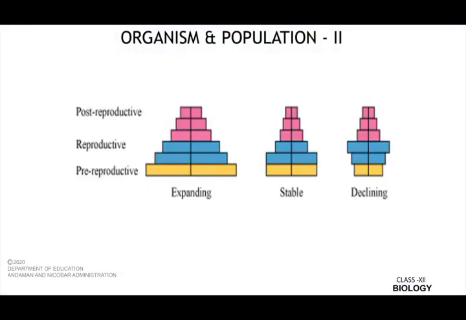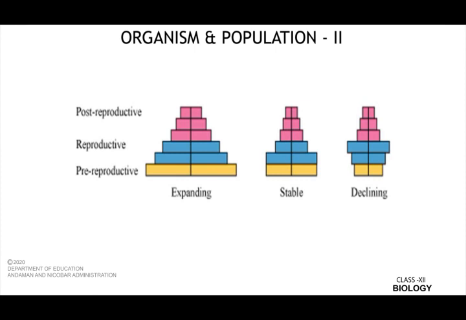Let us see the expanding pyramid, in which the pre-reproductive is maximum, that is, individuals under 14 are maximum. All of them will reach the reproductive age. When they come into the reproductive age, they will produce more and more offspring. The reproductive age is shaded with blue color, pre-reproductive age is shaded with yellow color.